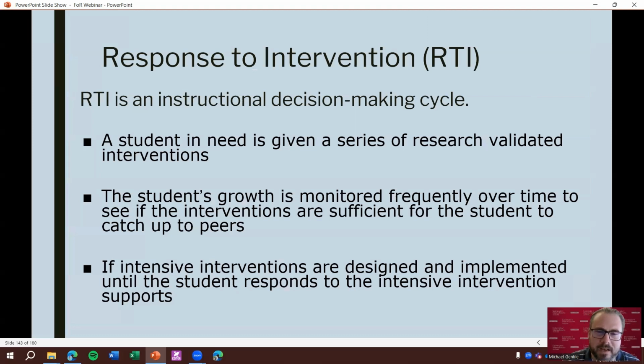So for the MTEL, it might ask you about RTI, or response to intervention. And I know for a fact it will say MTSS, multi-tiered systems of support. I would say it's very likely that you're going to get questions on those. So you've allocated your resources in that tiered model.